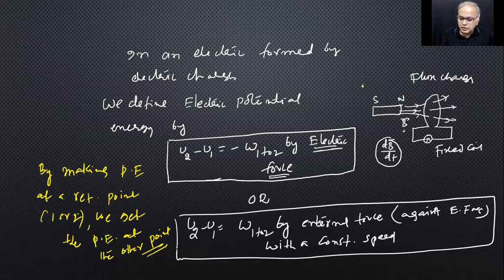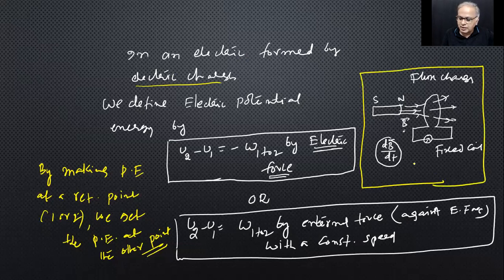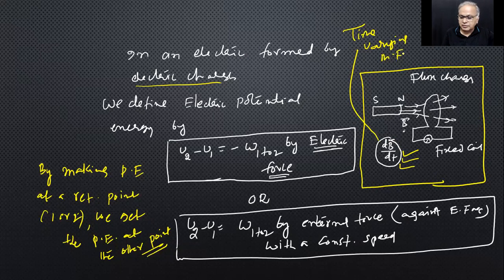So this is not actually connected with our discussion, but since I wrote electric field formed by electric charges, I had to immediately tell you that there will be another electric field, which is formed by a time varying magnetic field.